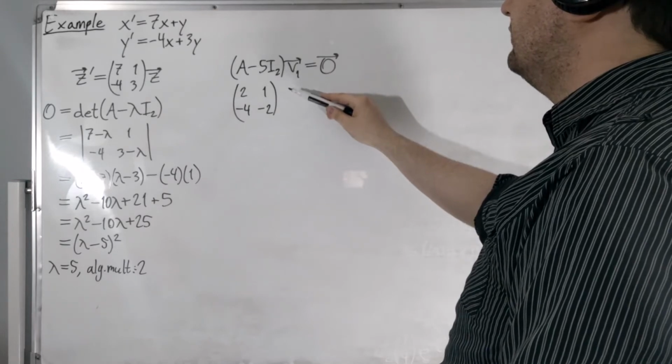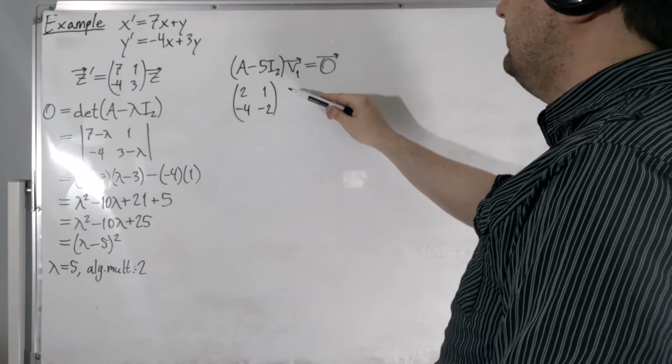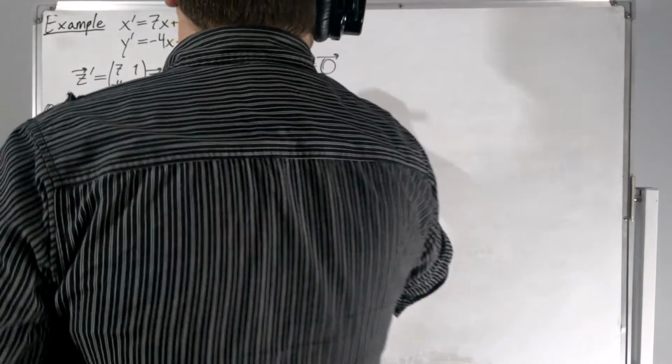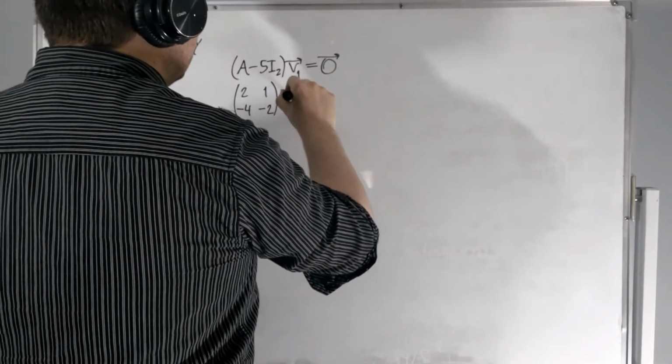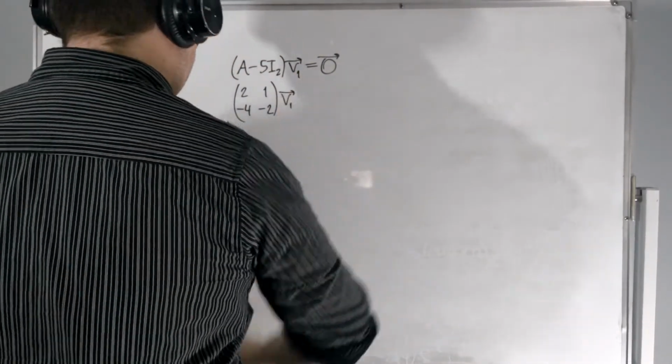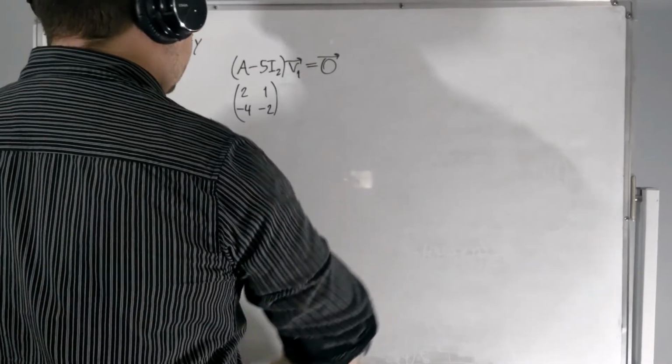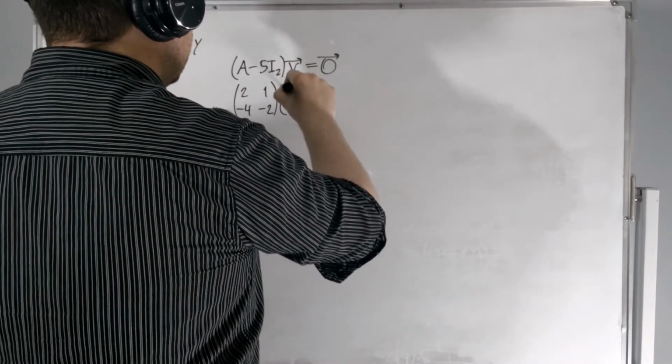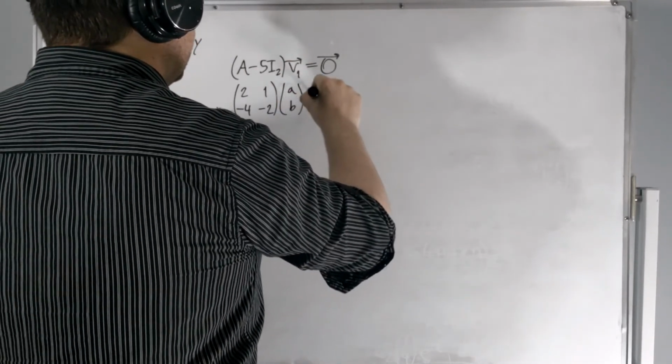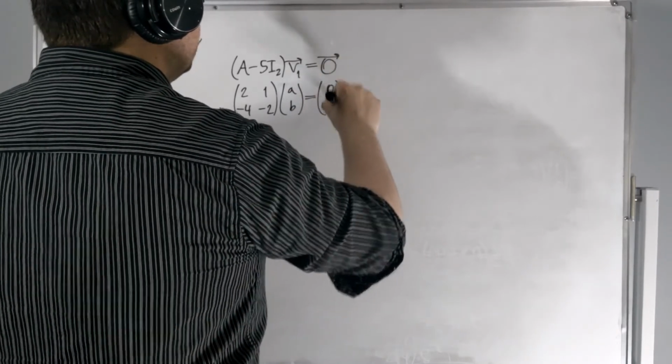Yeah, okay. Times v1 vector, which we'll call a, b. This needs to be the 0 vector.